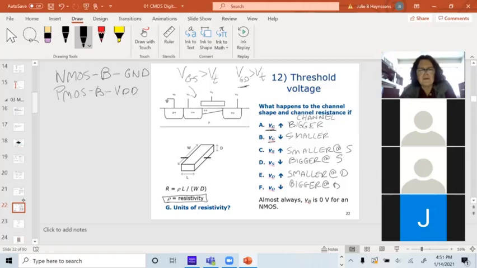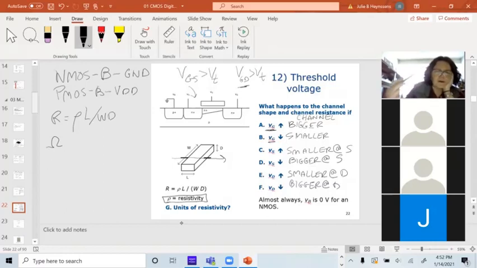And if I make it wider, where the current's flowing this way, or I make it thicker, it's going to go down. And the units of resistivity, well, I've got to have ohms on this side. R equals rho L over WD. L, W, and D are all going to be in centimeters because that is what the original solid state physics people thought every transistor would be in.